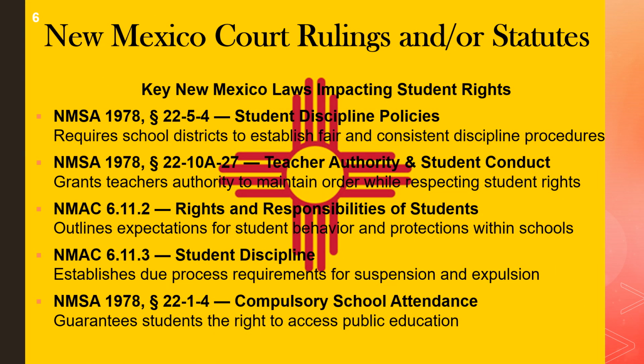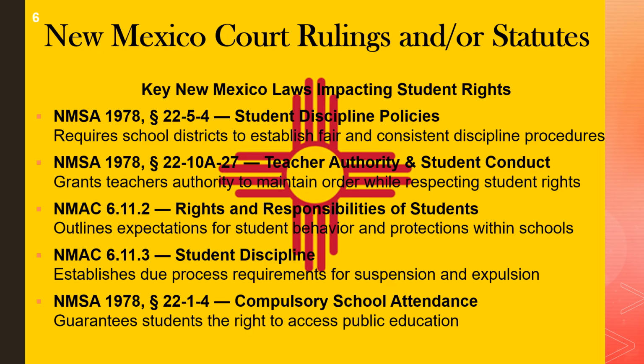New Mexico law builds on federal protections by providing more specific guidance on how student rights are implemented in schools. Section 22-5-4 requires districts to create discipline policies, ensuring that students are treated fairly and consistently. This helps prevent arbitrary or discriminatory discipline practices.